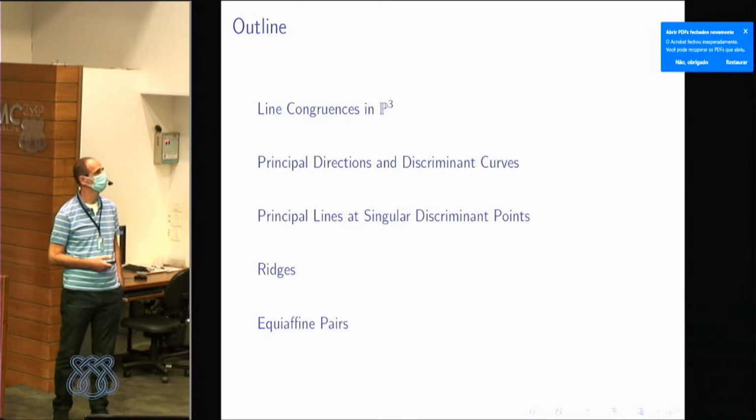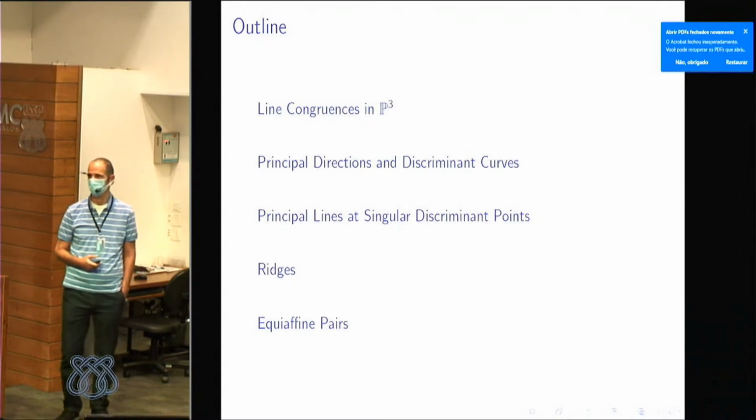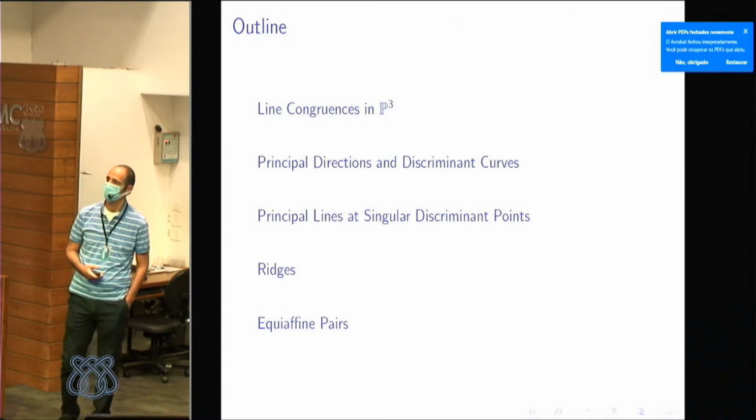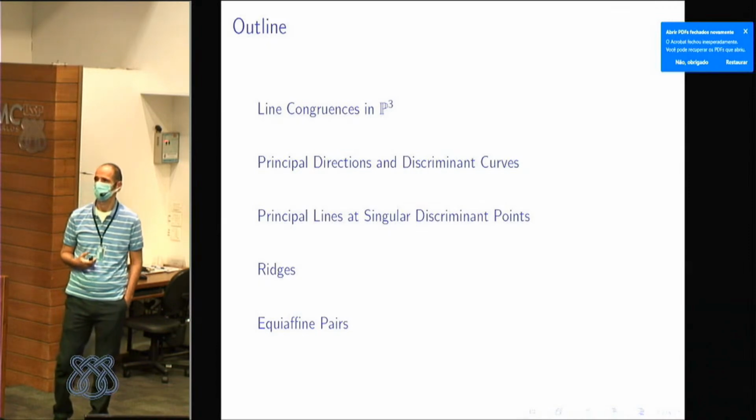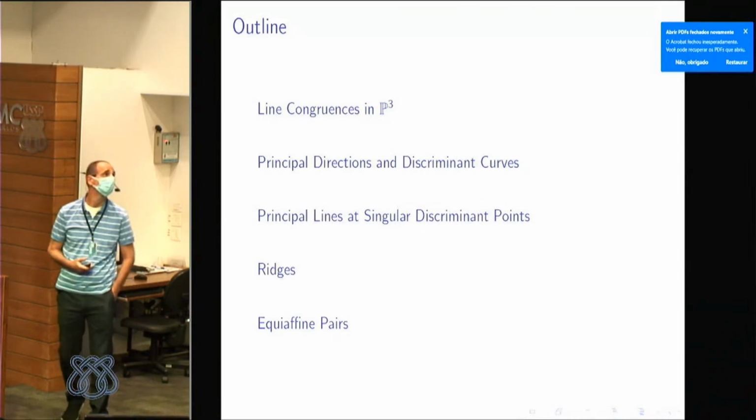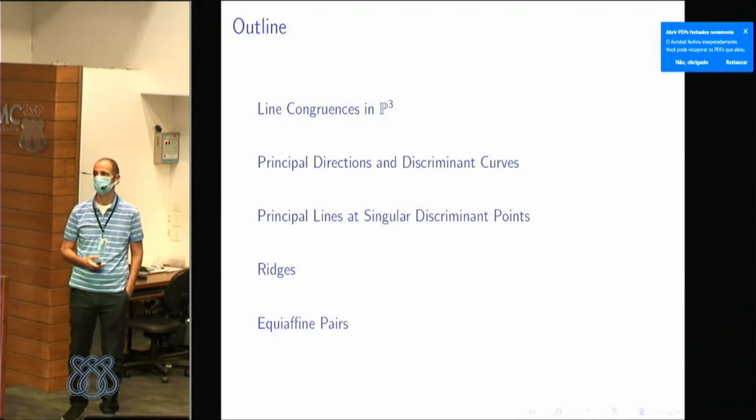And finally, I will introduce the equiaffine pairs, which are the main technique that we have used to prove our theorems. I must mention that this is joint work with Ronaldo Garcia.